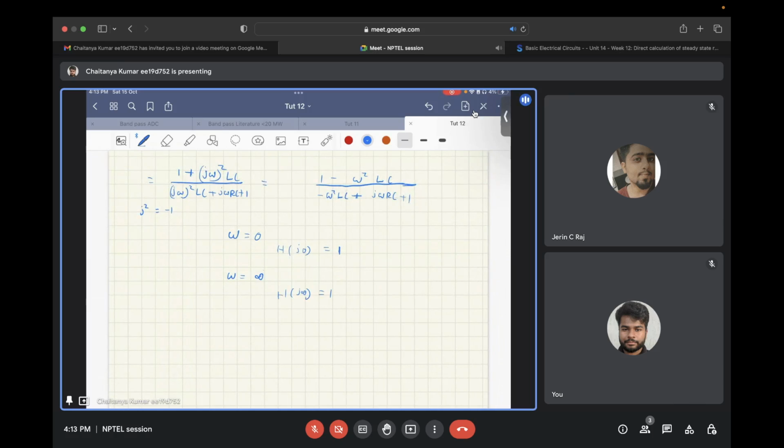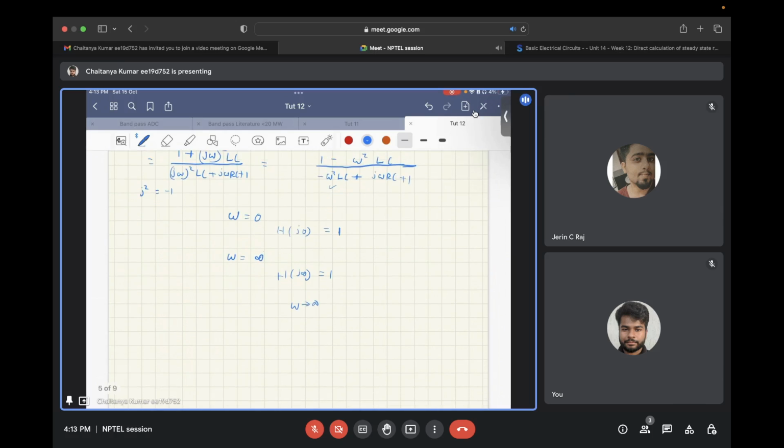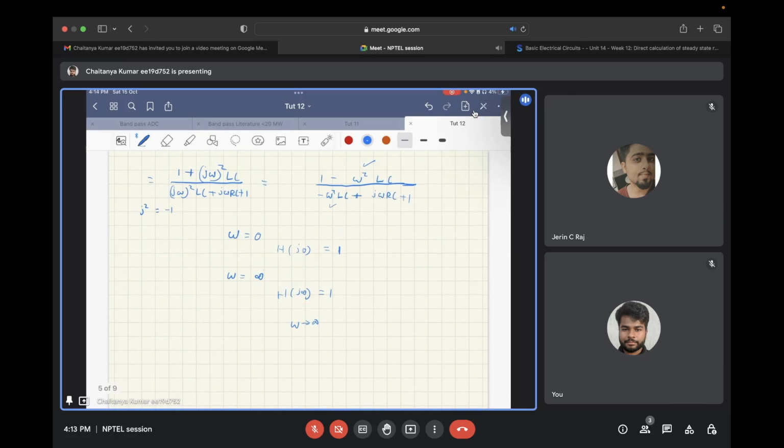And does this comply with our derived expression? Putting the limit omega tending to infinity, only the terms with the highest power, that is omega square in the numerator and omega square in the denominator, are dominating. Since the coefficients of omega square in numerator and denominator are the same, from this expression also we get H of j infinity equal to 1. So the expression that we derived makes sense.